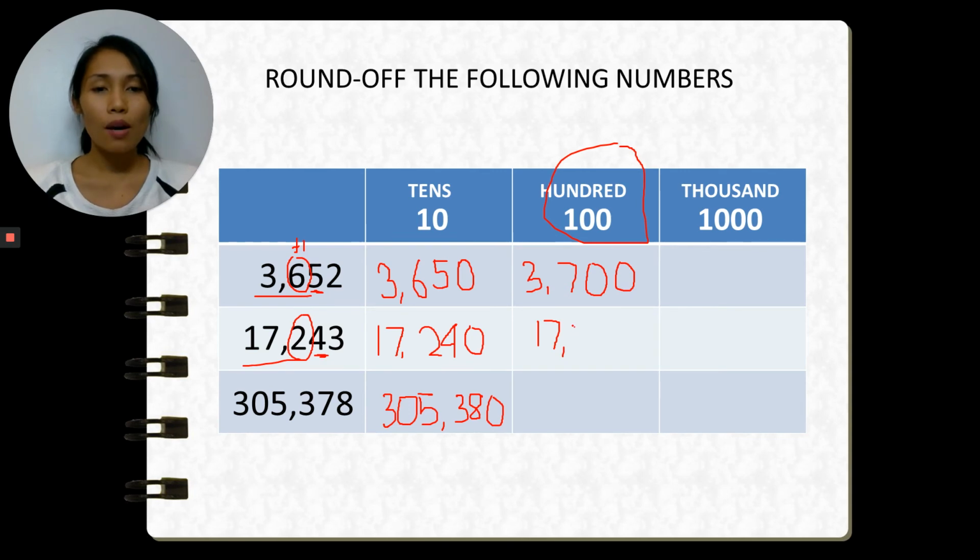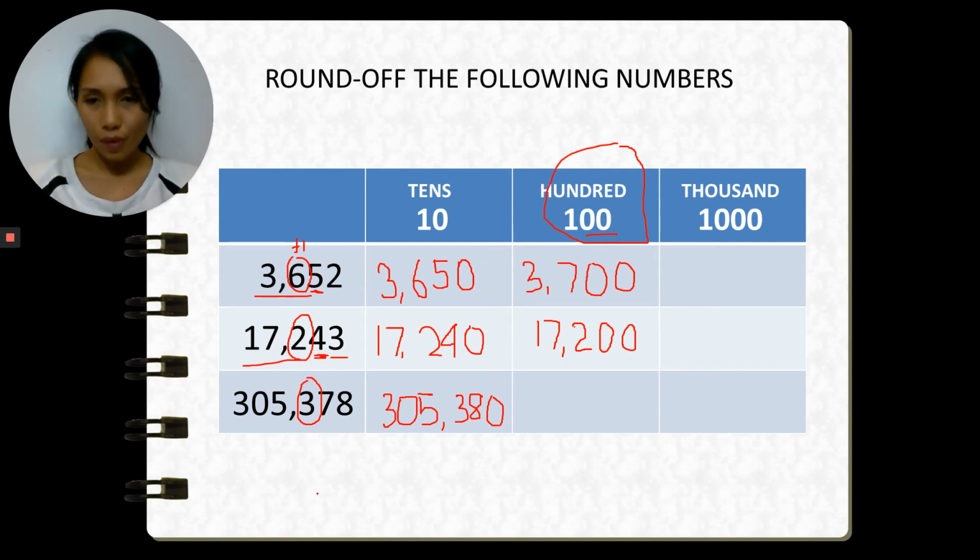So you just copy there, digit 2, and then what you're going to do with 4 and 3, we'll make it 0. So hundreds means you should have 2 zeros on your answers. Okay. Next, 305,378. Round off to the nearest hundred. Okay, hundreds is 3. Now copy all of these numbers on the left.